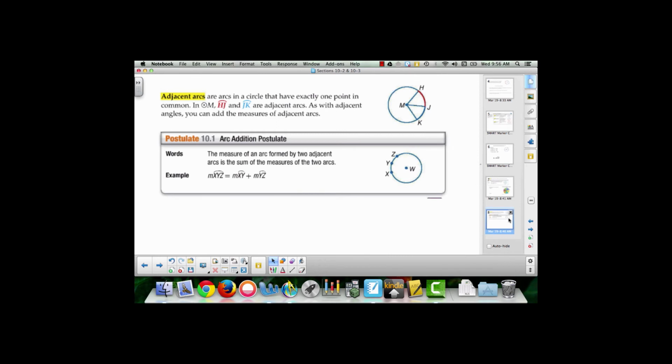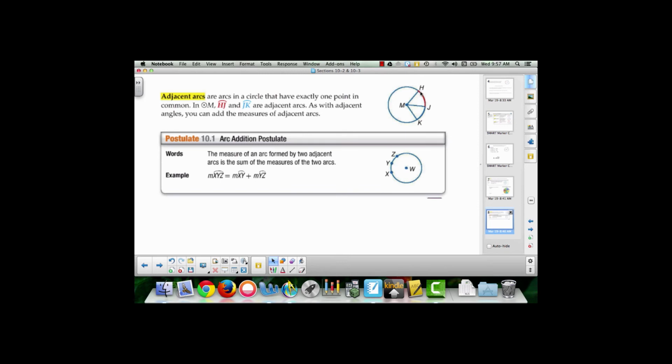Adjacent arcs are arcs on the circle that have exactly one point in common. For example, arc HJ and arc JK both share point J, so they are adjacent arcs. I can add the measures of these two adjacent arcs to get the total measure of the arc made by those two.